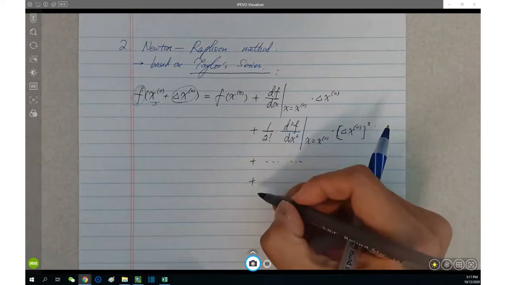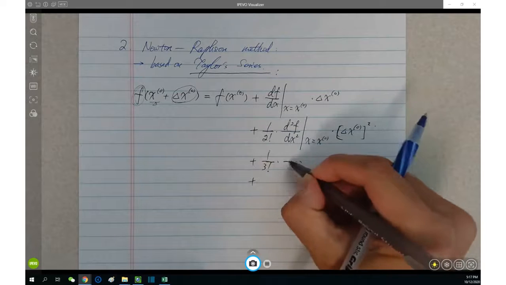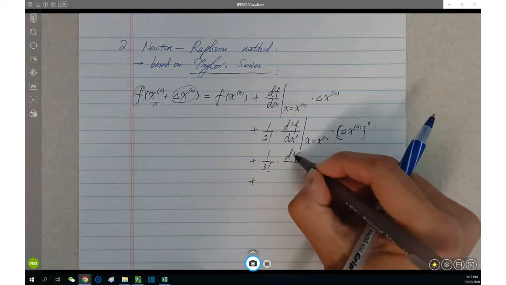You can write one more term to see the pattern easier.